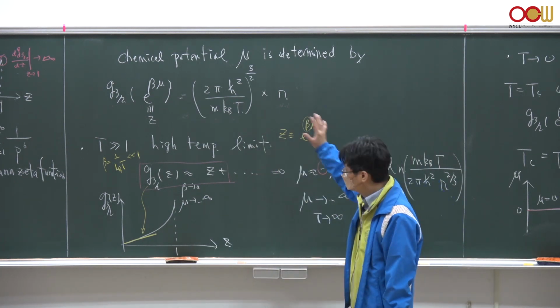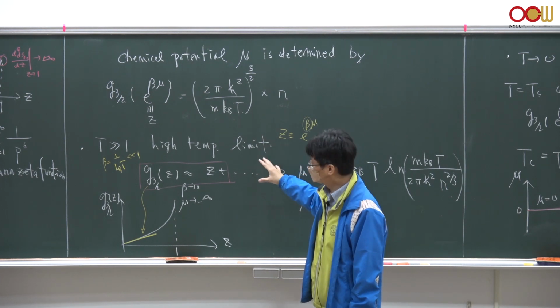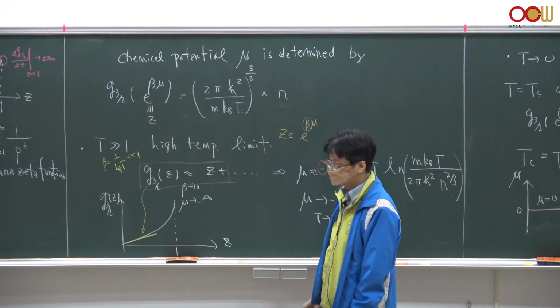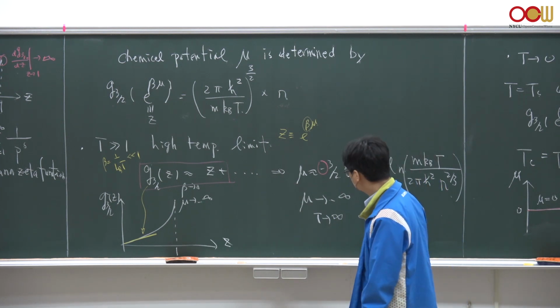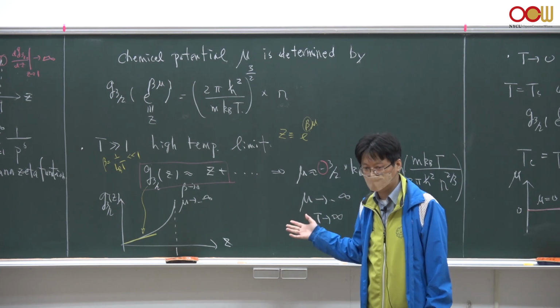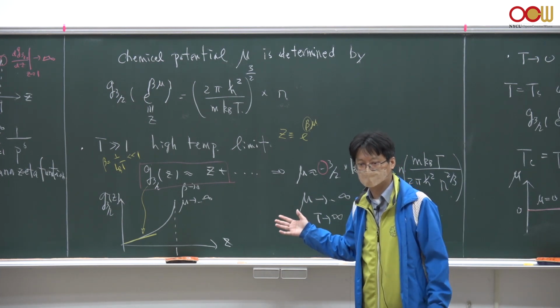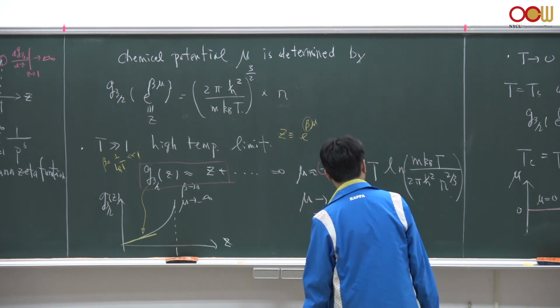So now we understand that the chemical potential for free bosons in the high temperature limit is negative. You can think about the physical interpretation of such a negative chemical potential. What does it mean? We will come back to this later.